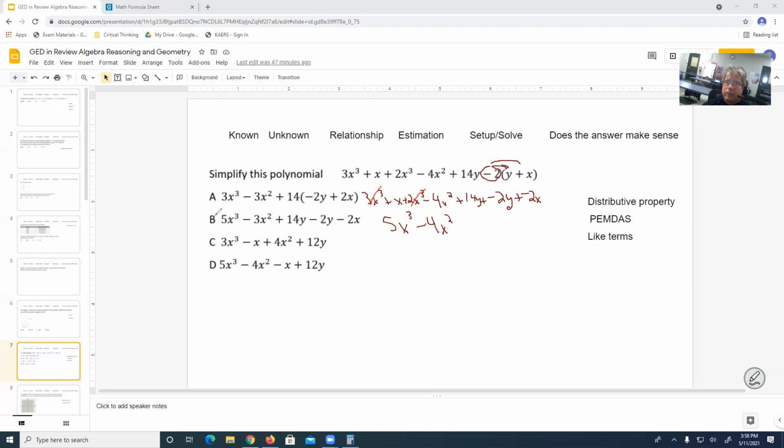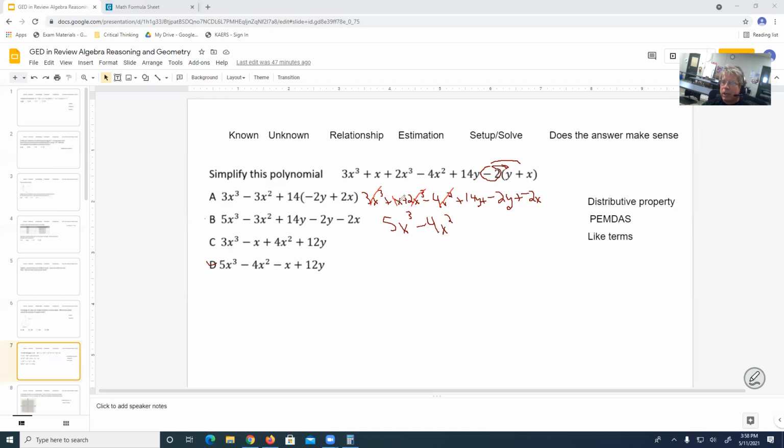Right now, the only ones that I'm seeing that are really only D is showing that. So at this point, I could probably say that's the answer without doing anything else. But if I want to go ahead and verify this math, what we have now is this x and this -2x. And remember, x really means 1x.